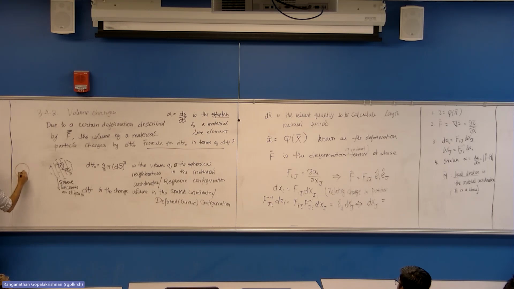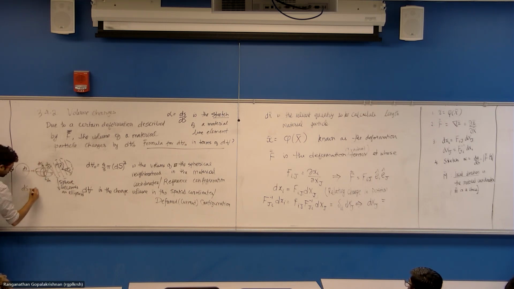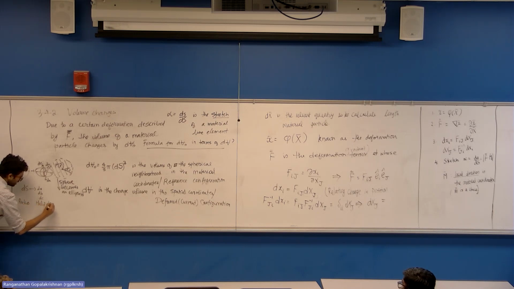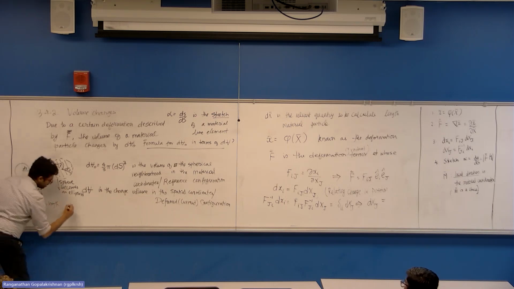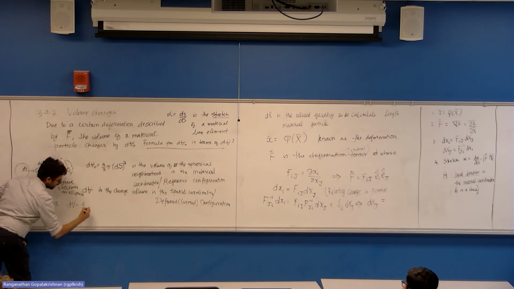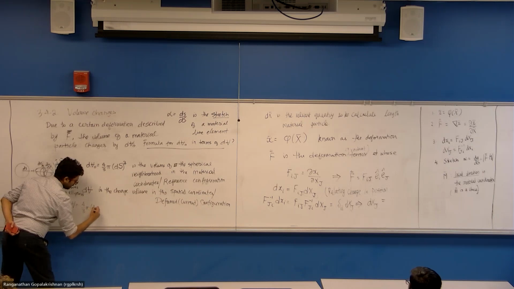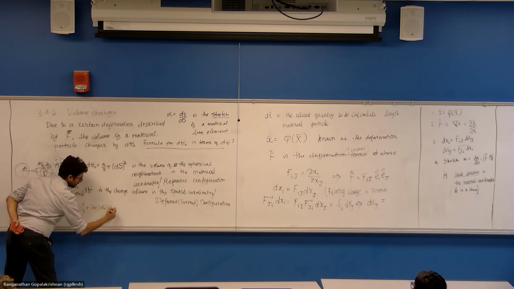So what you have as a sphere with a radius ds becomes an ellipsoid, and we'll say this ellipsoid has, instead of radius, half lengths, we'll call them dA, dB, and then there's a third dimension, we'll call that dC. So dV is equal to 4 by 3 pi dA dB dC.